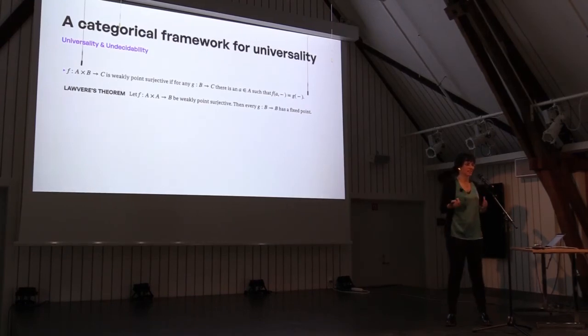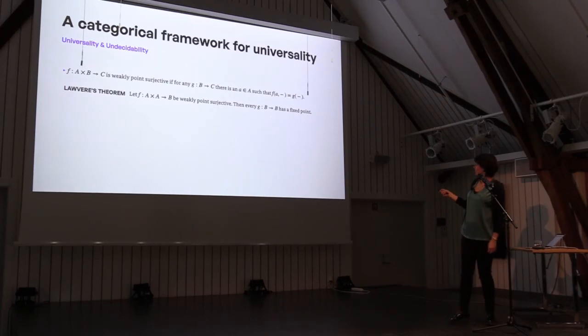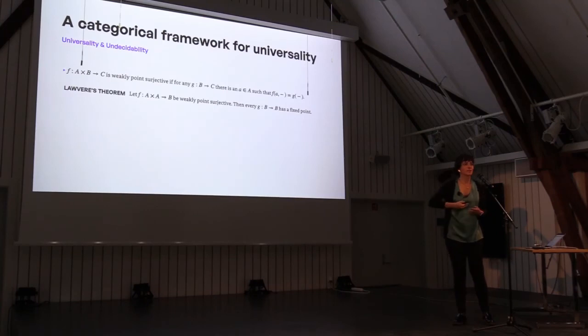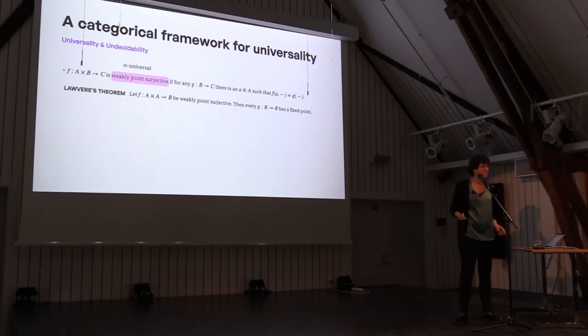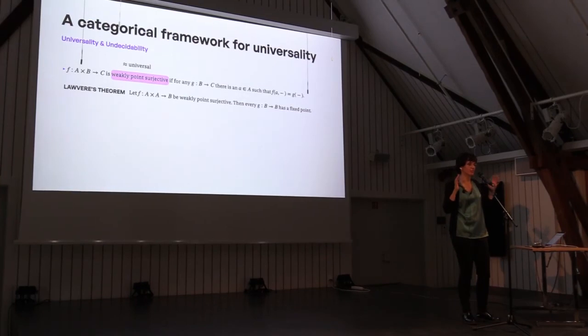Another way to express it, the contrapositive form, is that if there is a g which does not have a fixed point, like negation, then f cannot be weakly point surjective, as in, it cannot represent all functions. For me, this form of surjectivity feels like, or it should be, universality. And the limitations imposed by Lawvere's theorem are like undecidability.